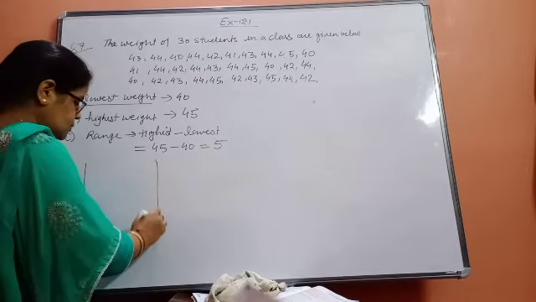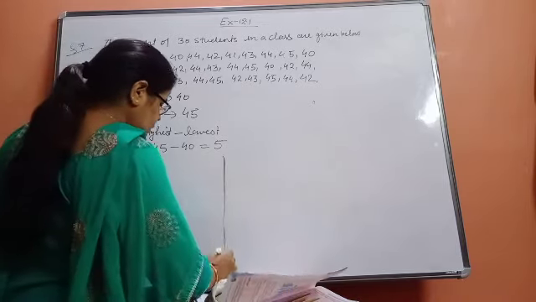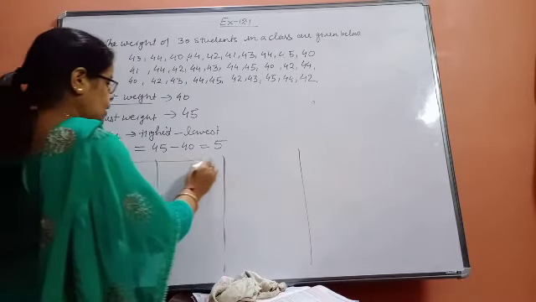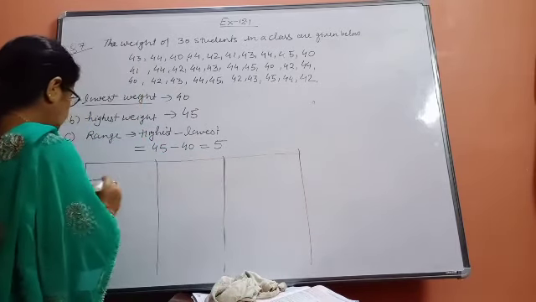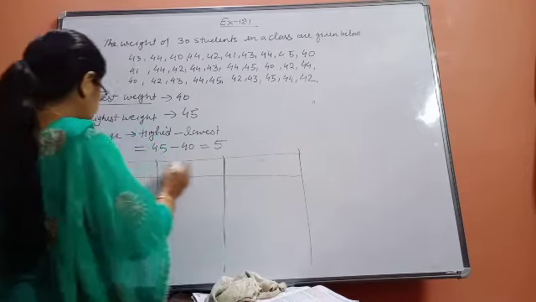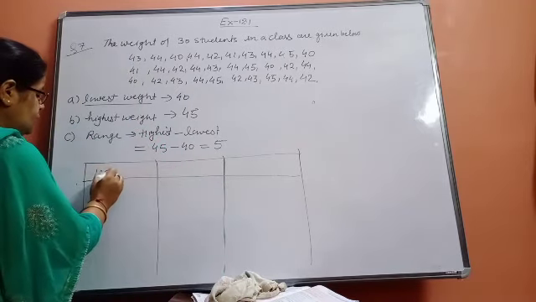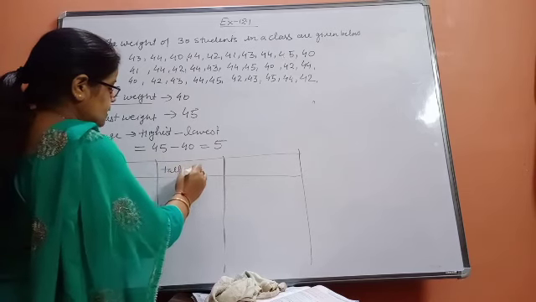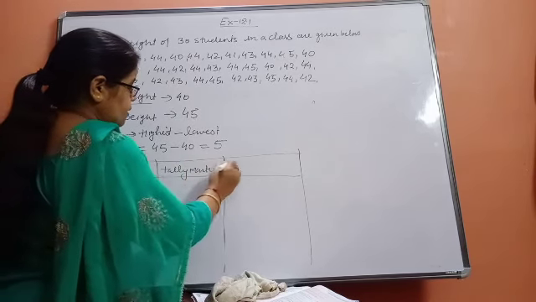Make the columns for that, in this way. Here, tally marks, and here, frequency.